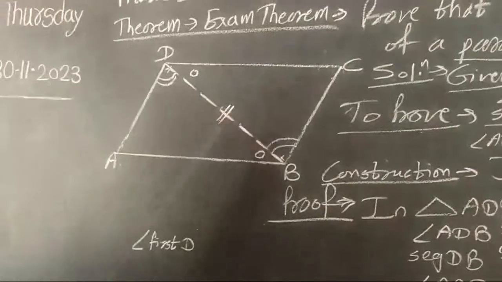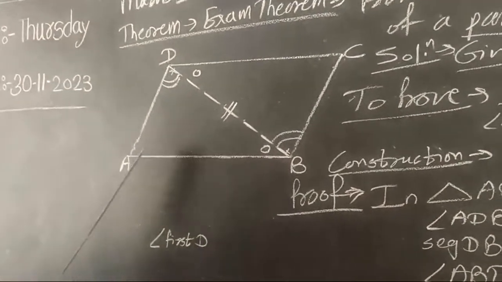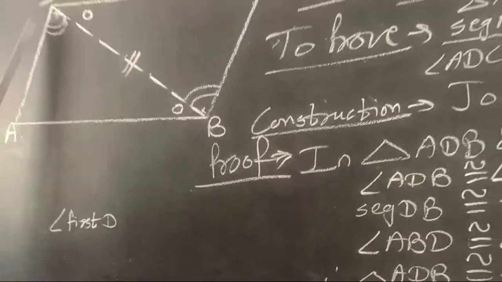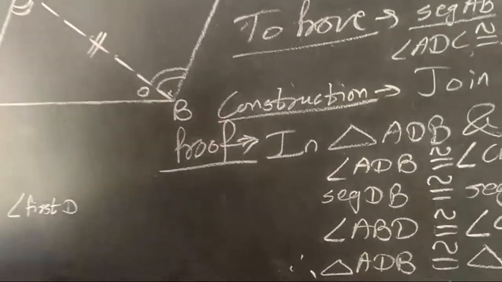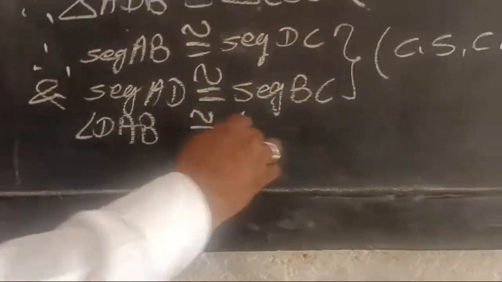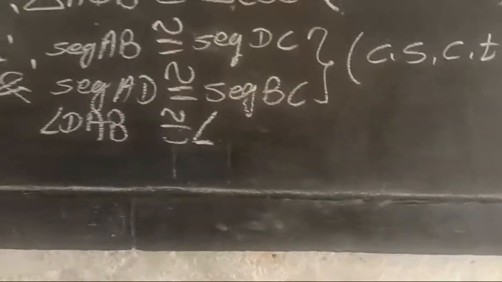These two angles we write here. Then which angle remains? This angle remains, angle DAB, congruent to angle BCD.